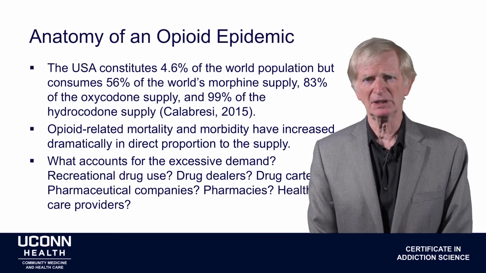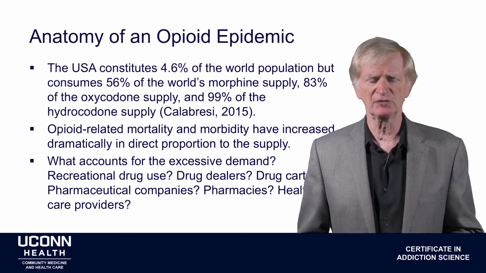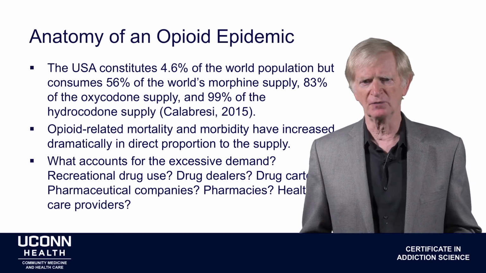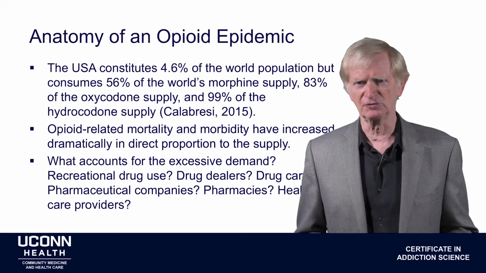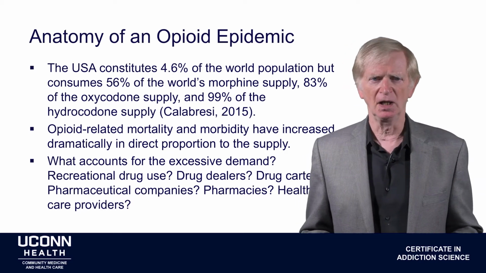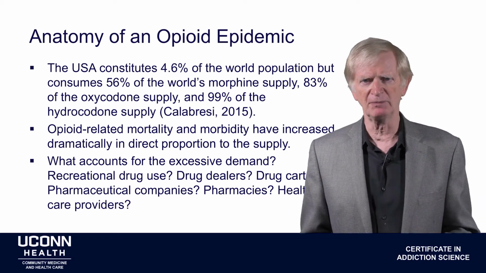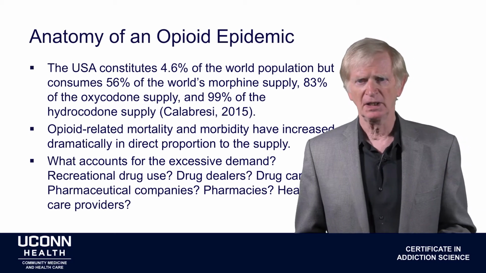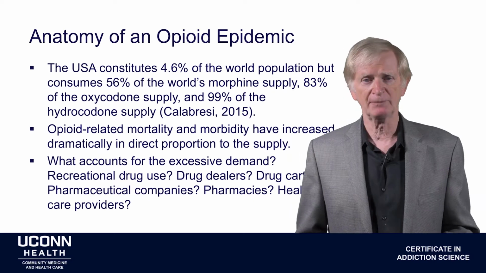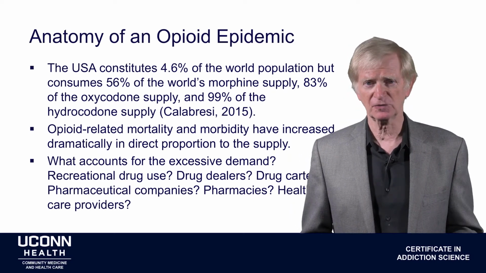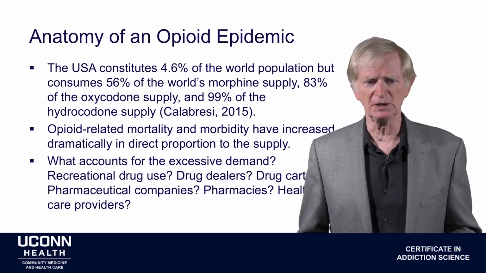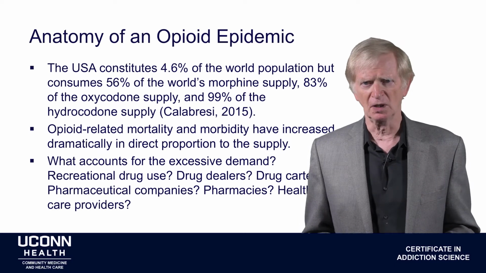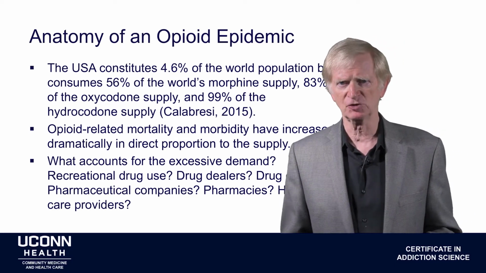The drug epidemic in the United States is in part a function of the availability of these drugs. And the opioid epidemic that we're currently experiencing is perhaps significantly associated with the overproduction of opioid pain medications.